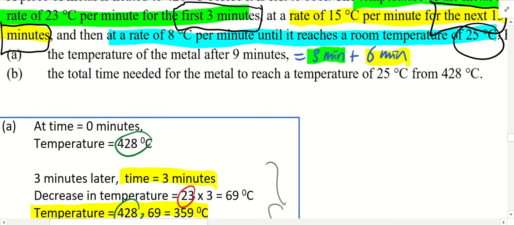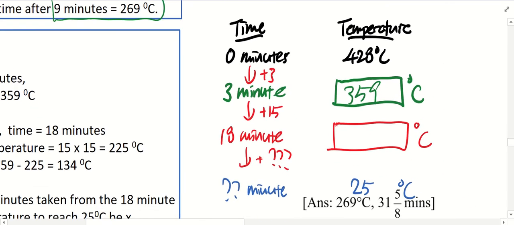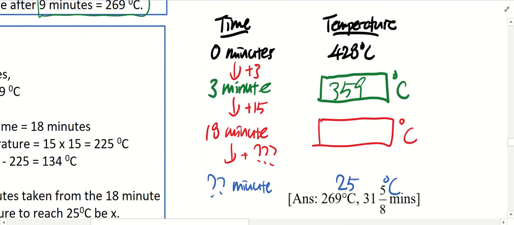Let's look at the question. The question asks for the total time needed to reach the room temperature of 25 degrees Celsius from the starting temperature of 428. Now, in case you're not too sure how the process looks like, I've drawn it over here.